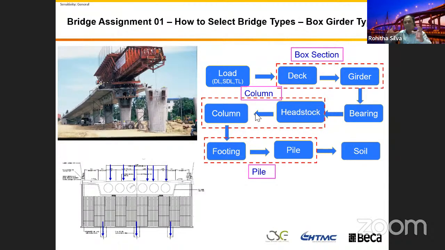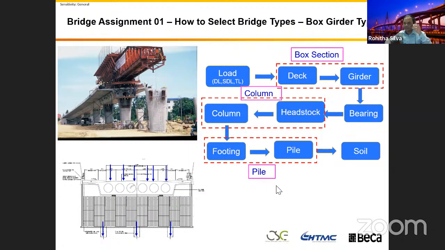Then your column and headstock, sometimes you can replace with a column. The bearing, of course, you need. The footing and pile, you can combine if you need. So the structural elements you need to build and select are fewer: box, bearing, column, and the pile.